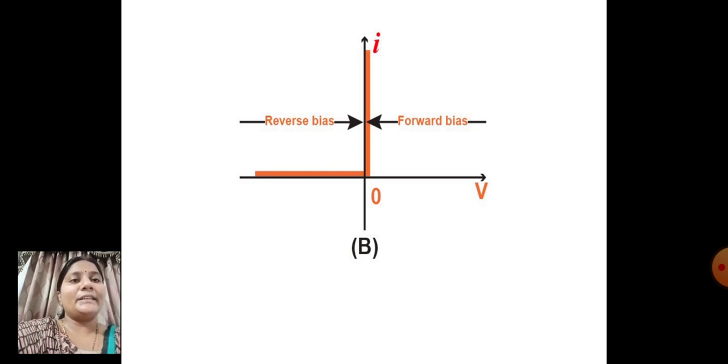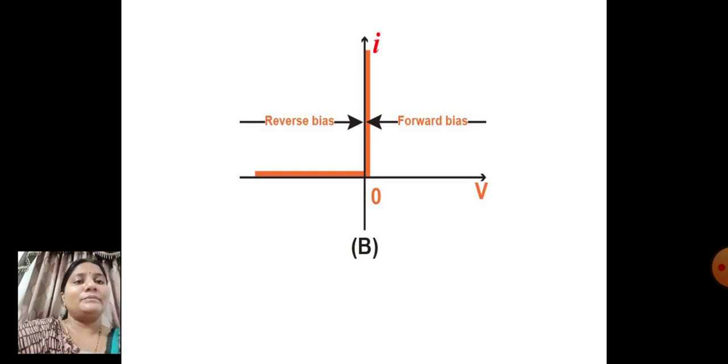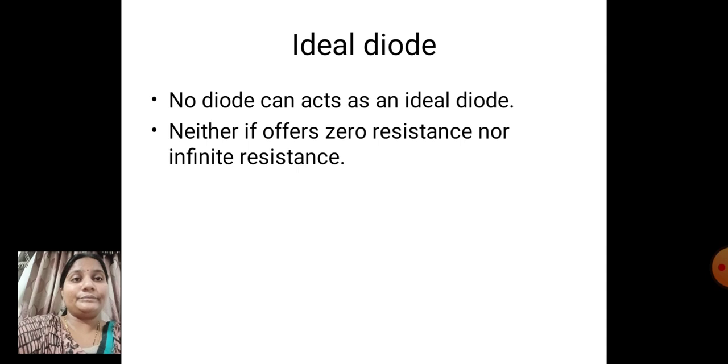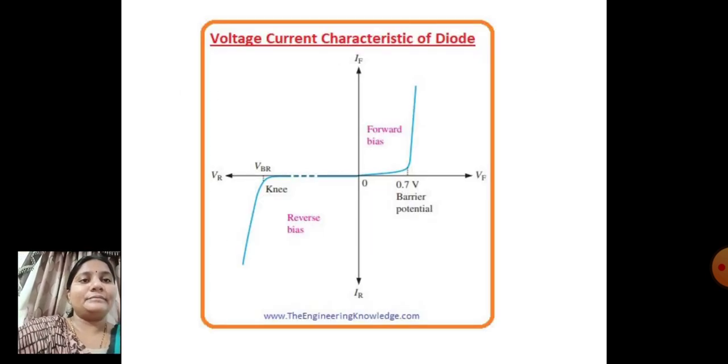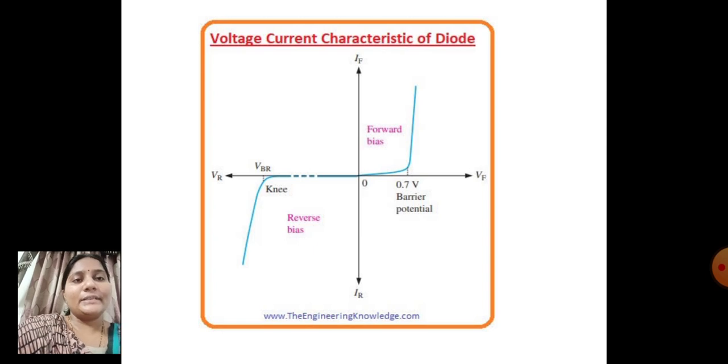Only this ideal diode conducts from 0. Coming to our practical diode, the diode conducts current at 0.7 volts, right? You can simply say that the diode starts conducting at 0.7 volts.